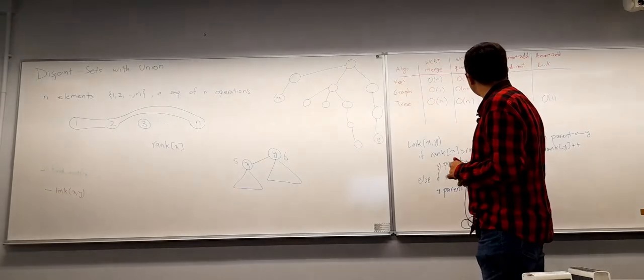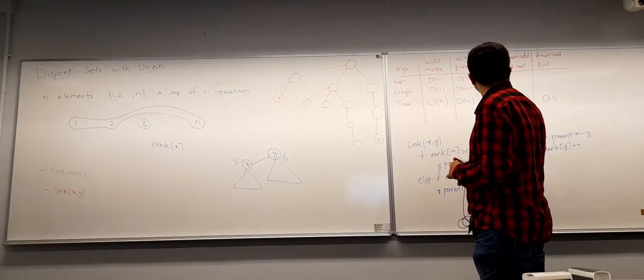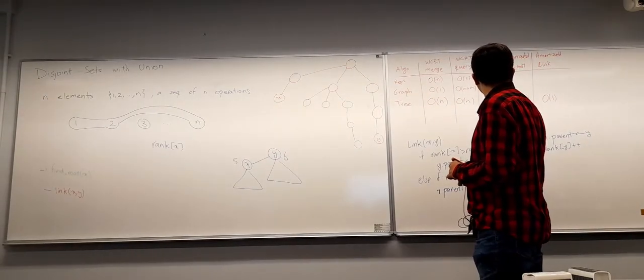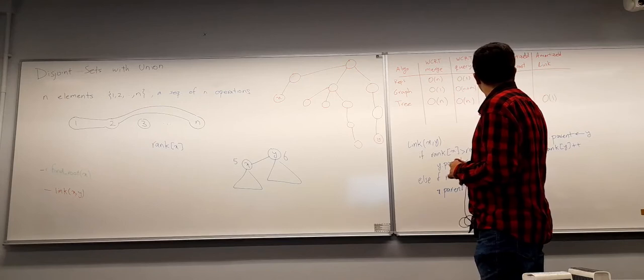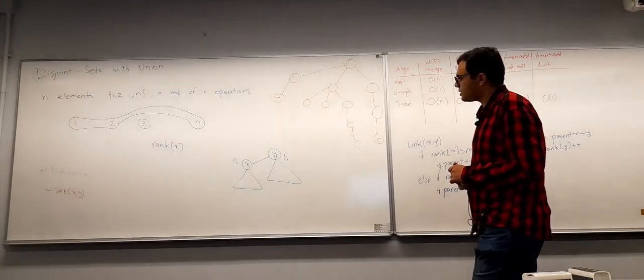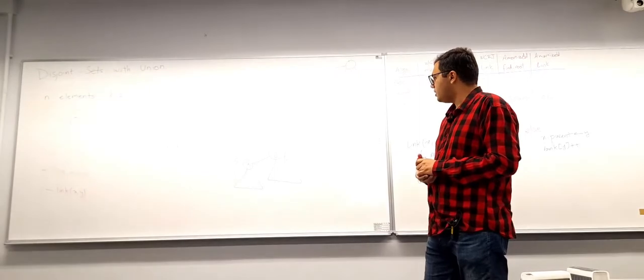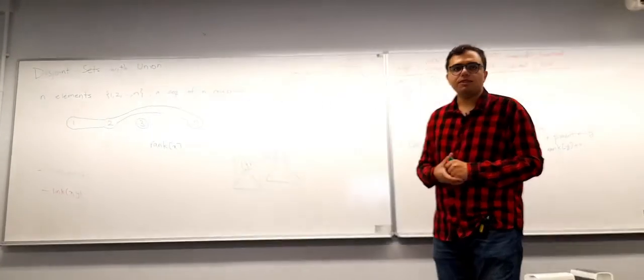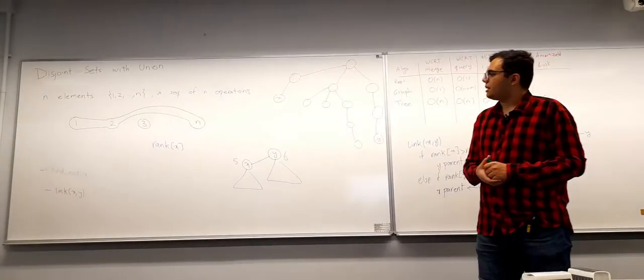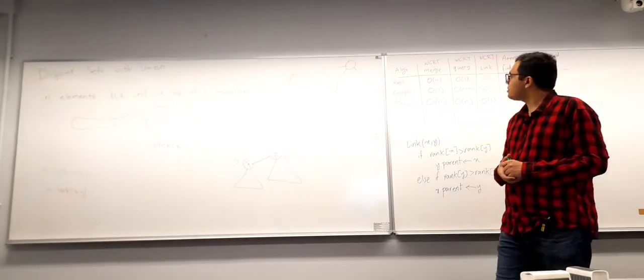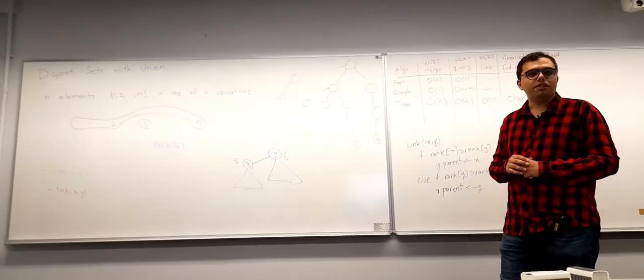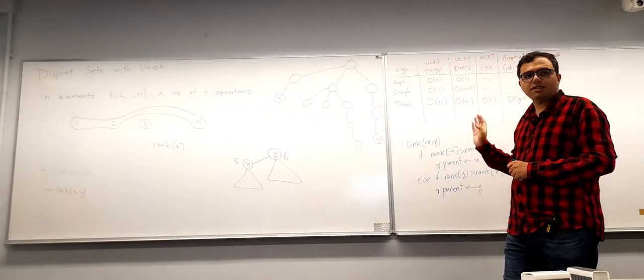I'm not completely sure. I was always thinking about amortized runtime. But yes, you're right. So we don't need to even do amortization. But our goal right now is to make the amortized runtime even better than this. So we're always focused on the amortized runtime.